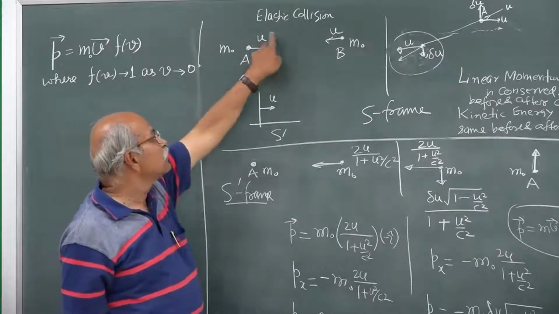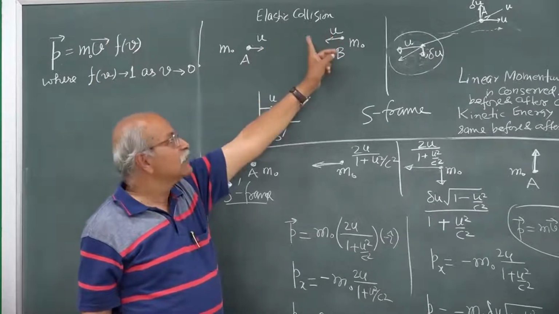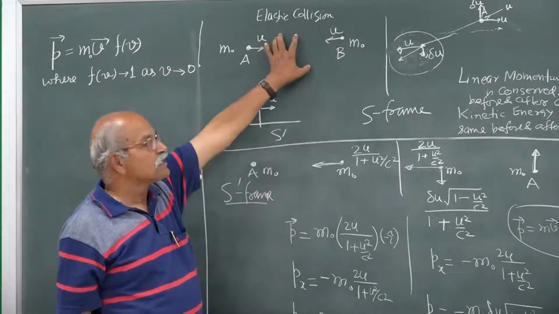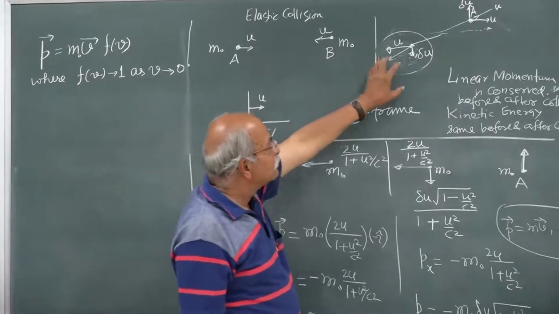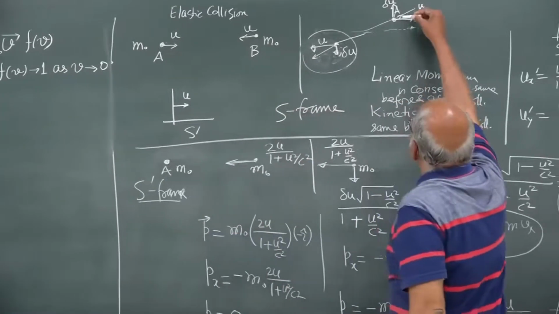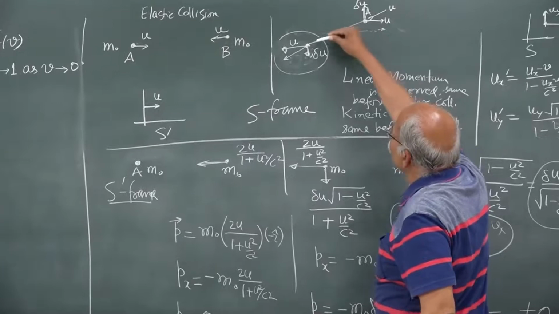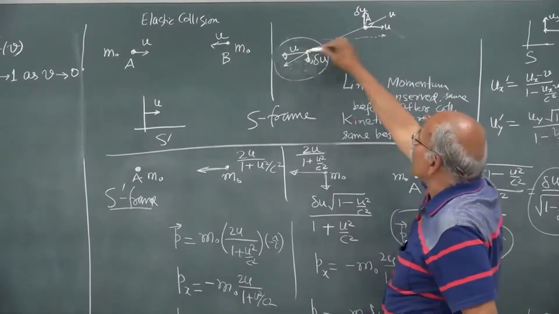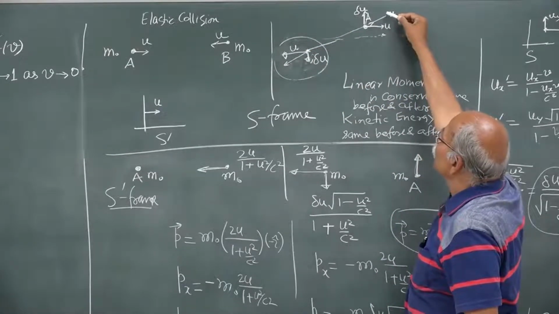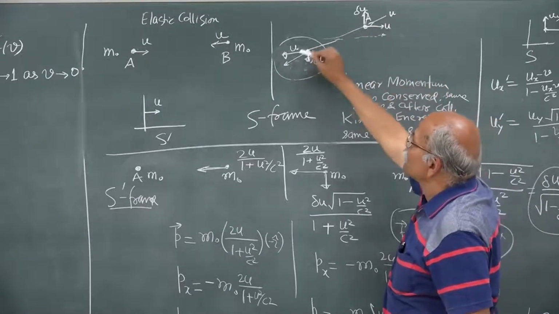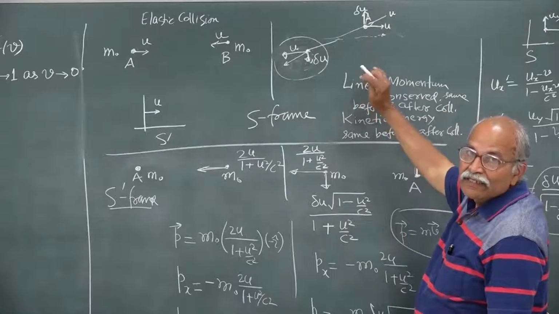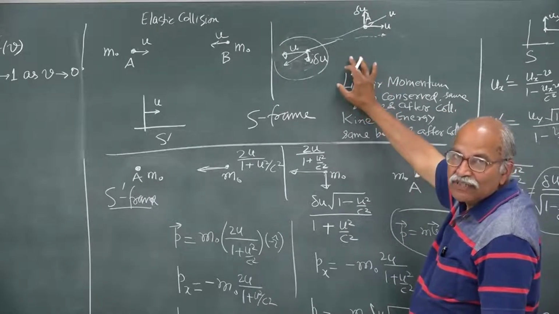The speed is u here, the speed is u here, and therefore, the total linear momentum is still 0. If I come here, once again the speed here is u, the speed here is u. So, the factor which is multiplied, f(u), is same here and same here. So, they are equal and opposite. So, this is also okay. So, in S frame conservation law holds.